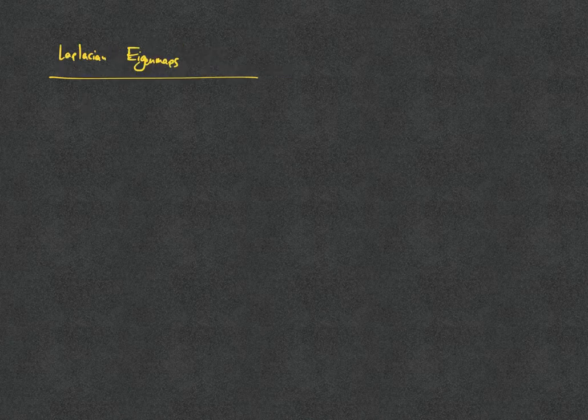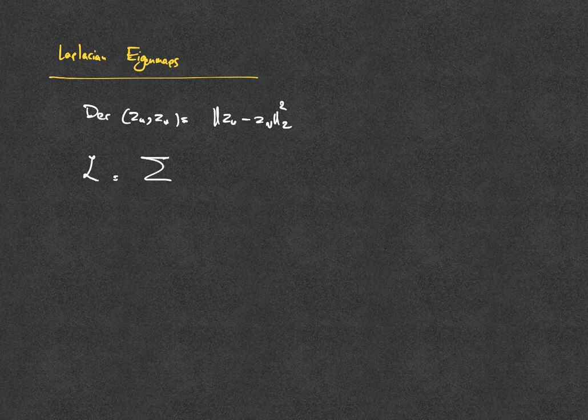Now let's talk about the first one of these approaches, Laplacian Eigenmaps. Let's say you define the decoder between the embeddings of the nodes u and v like this. So essentially it's going to be the squared error of these two, or a squared difference. And then the loss function would be this.